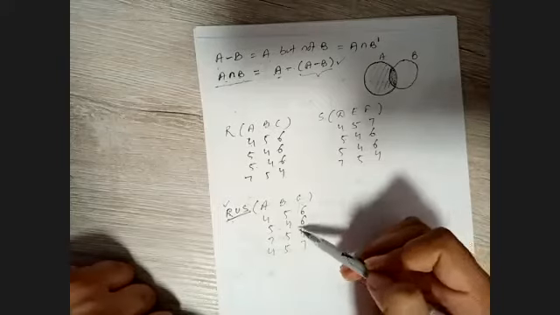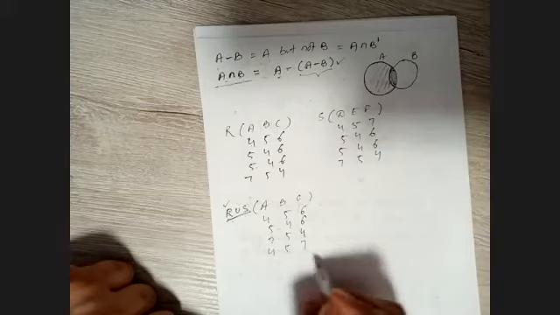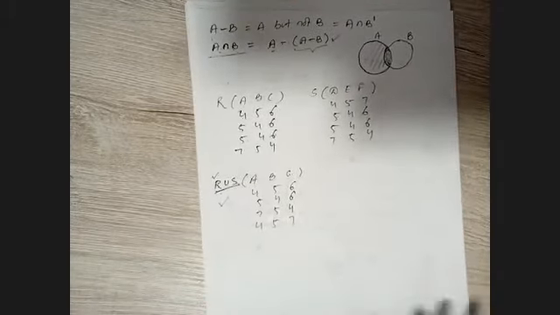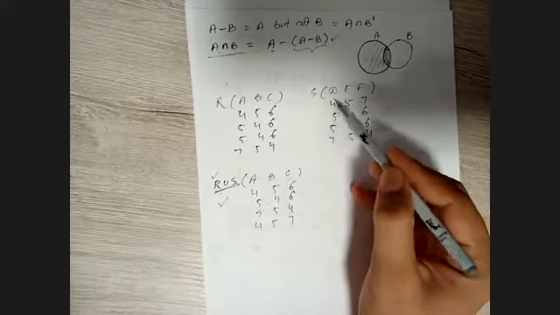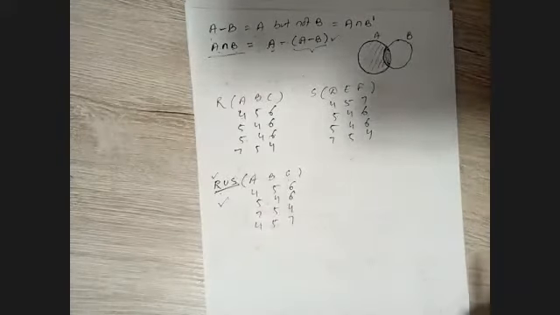Then 5, 4, 6, okay. 7, 5, 4, okay. So this will be the result for your R union S. As I told, we take the union values, all the distinct values. Then we will explain the A minus B term again.